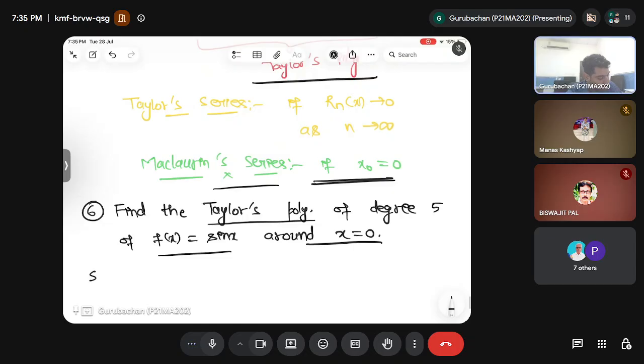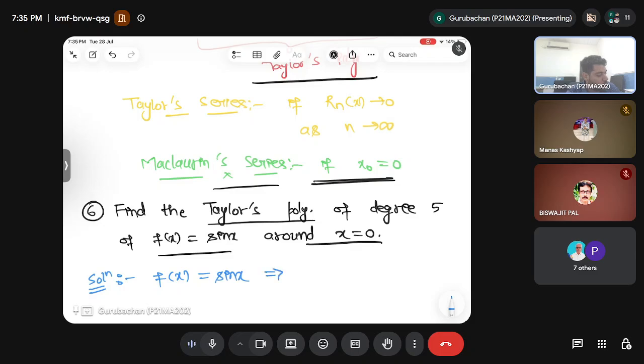We need to calculate the derivatives till the fifth derivative value at x equal to 0. We know that f(x) is sin x.